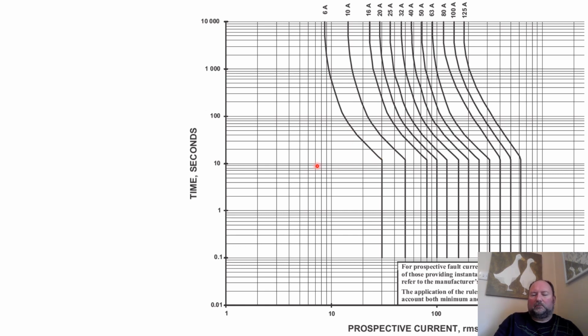So essentially, the bigger the value of fault current, the quicker that device will disconnect. So the curved part here is dealt with by the thermal part, the bimetallic strip within the device. And then the straight line represents the magnetic part inside the circuit breaker that deals with short circuit.